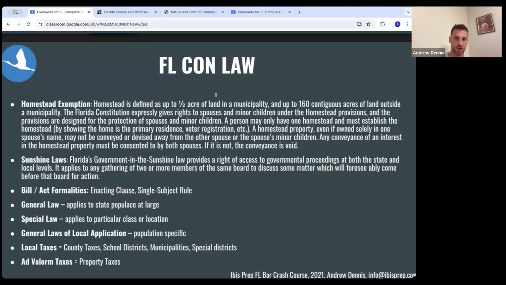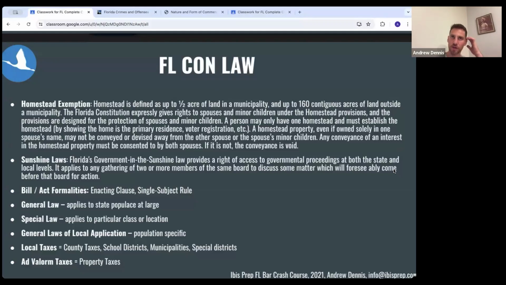voter registration, etc. A homestead property, even if owned solely in one spouse's name, may not be conveyed or devised away from the other spouse or the spouse's minor children. Any conveyance of an interest in a homestead property must be consented to by both parties. If not, the conveyance is void.